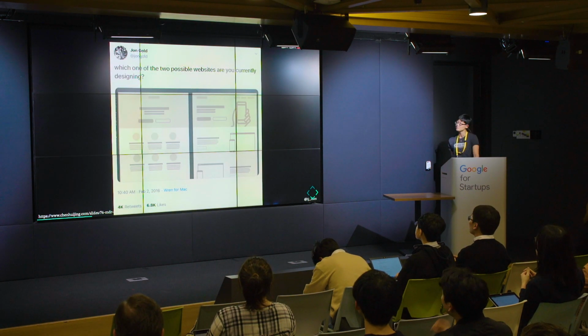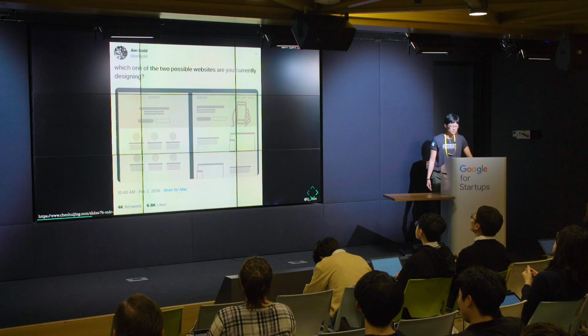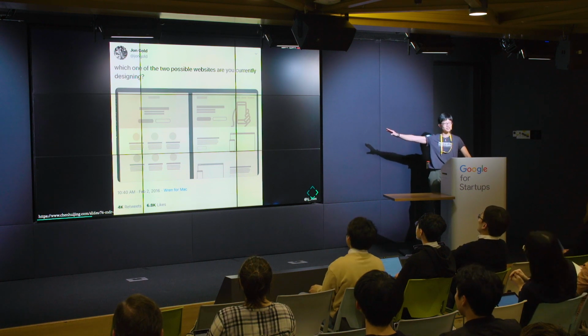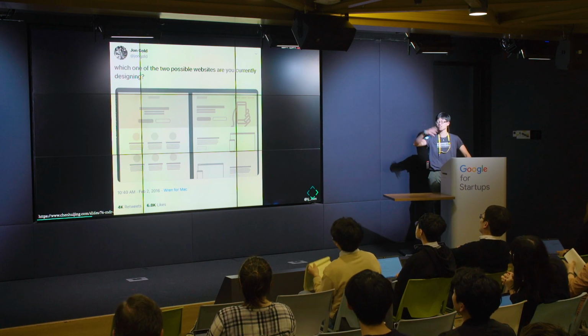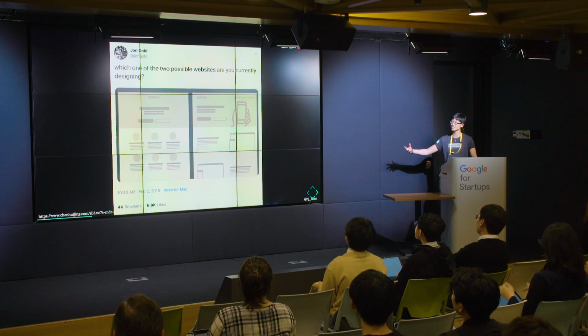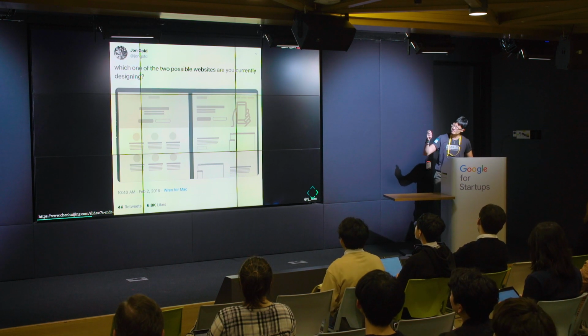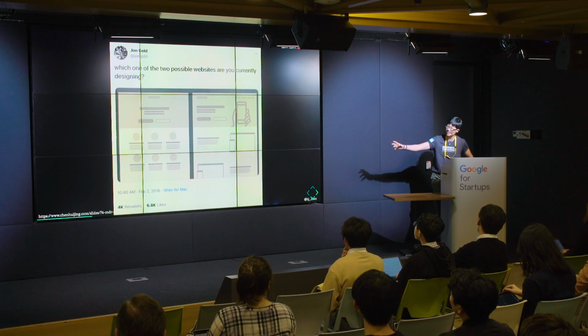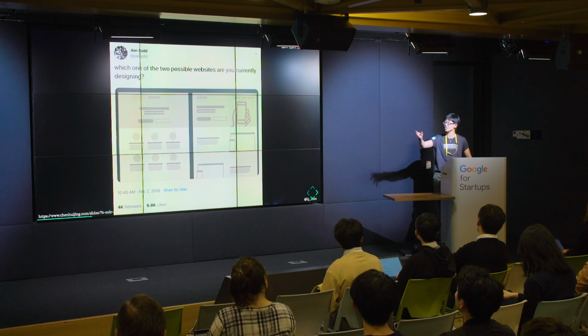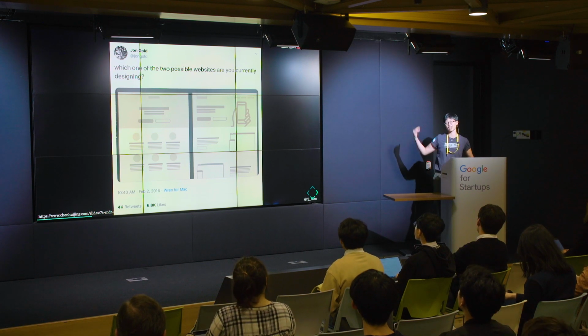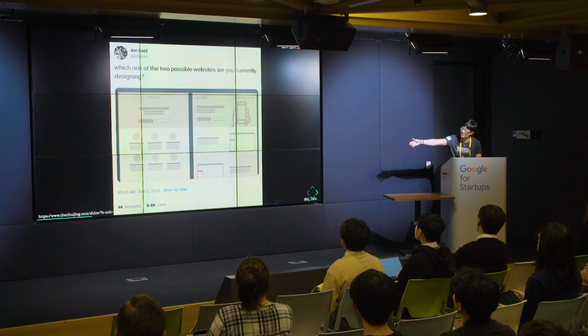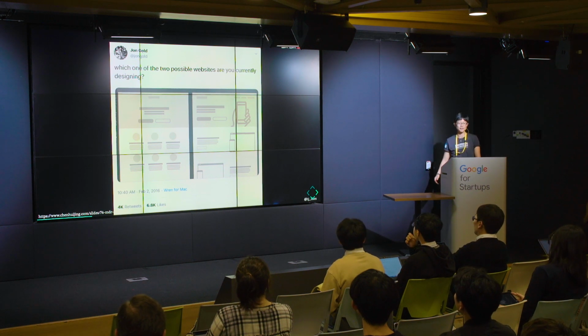So Mr. John Gold tweeted this out, and this tweet has been used in conference talks all over the world many, many times. But it's a very salient point that you're either building the left website or the right layout. And 6.8 thousand people agree with me.